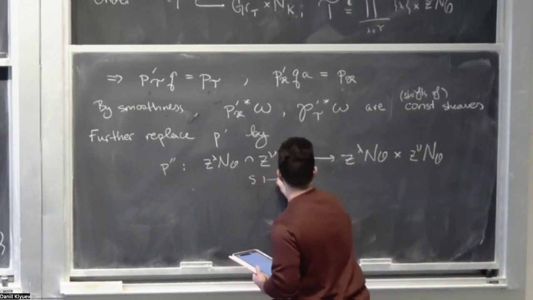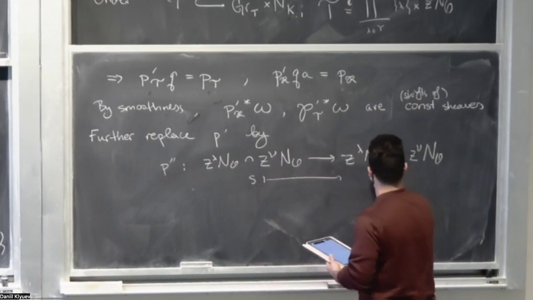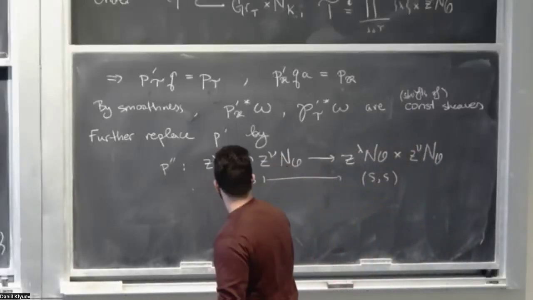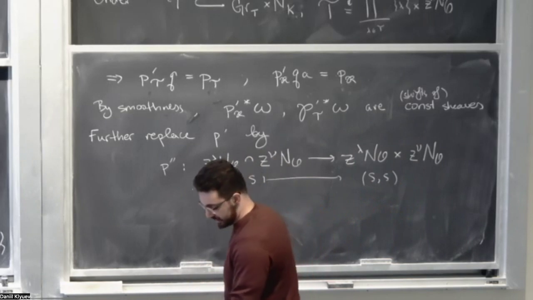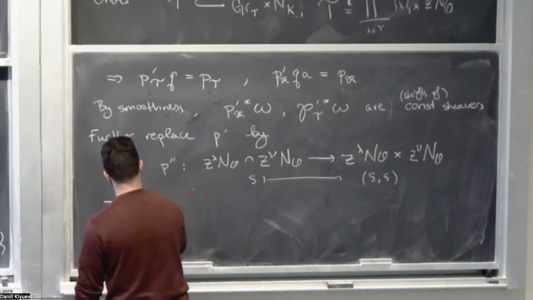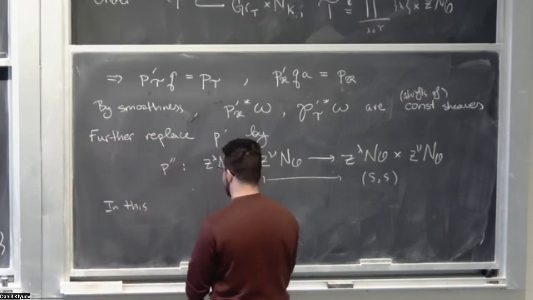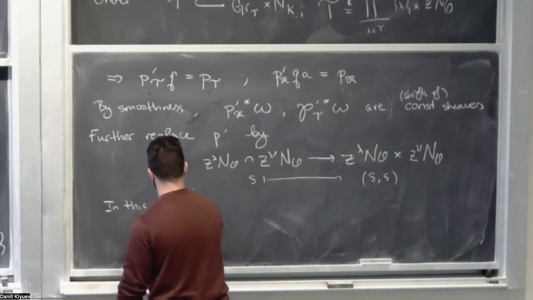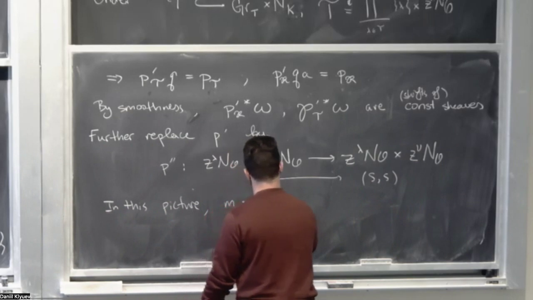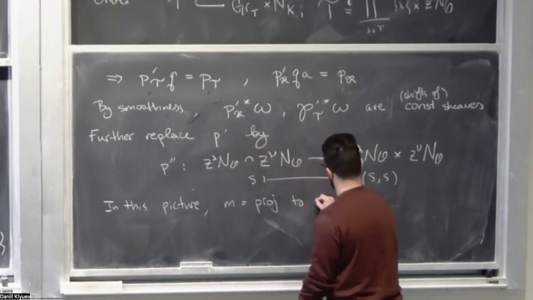And it literally is the diagonal. We'll just get that by renormalizing it. It does the same thing as P prime, essentially. And then in these coordinates, in this picture, M is the projection to the cycloplegy.